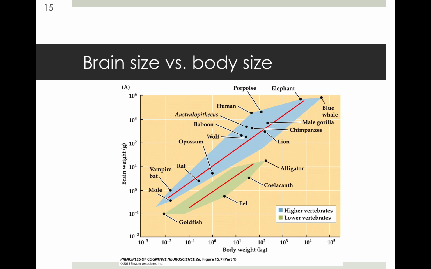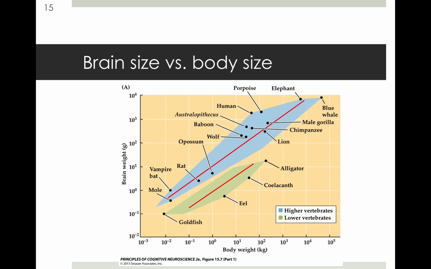All right, so I want to talk a little more about brain evolution, not just over a lifetime, but across different species. In general, and this is not surprising, larger animals have larger brains. They have larger heads, larger brains. So body weight in general is correlated with brain weight.